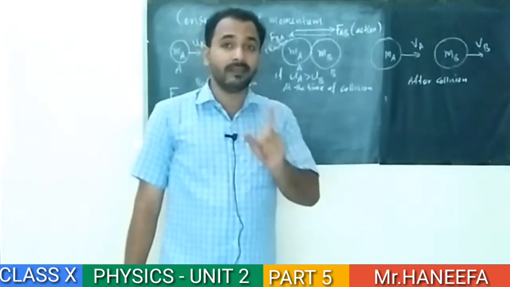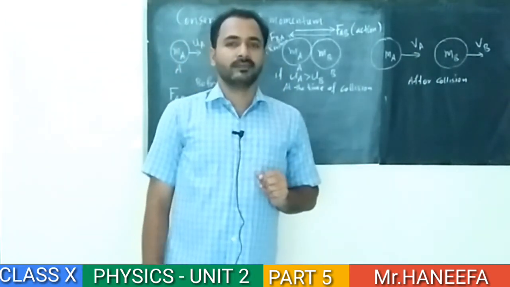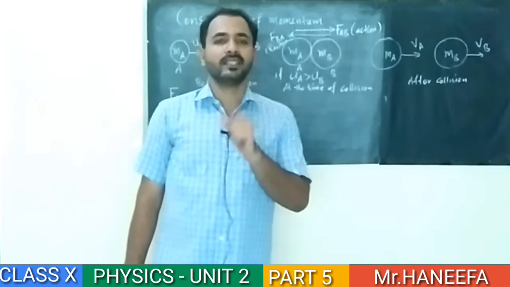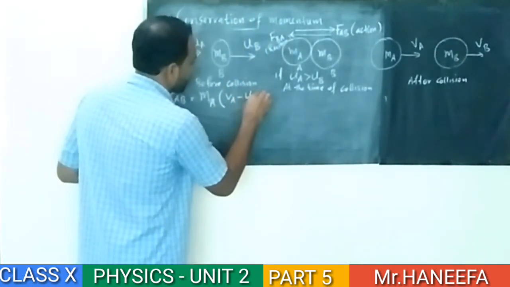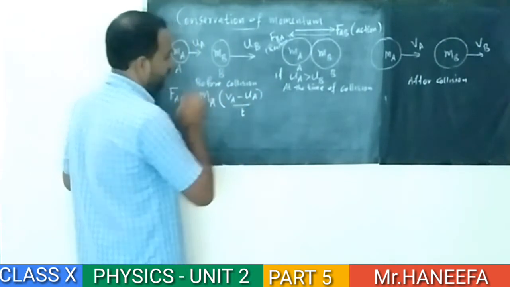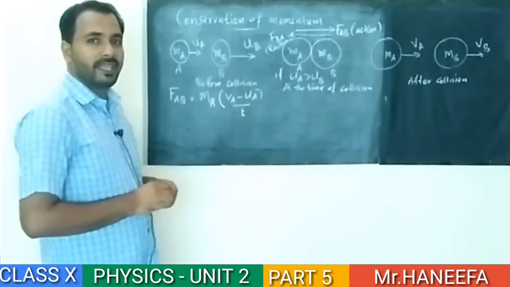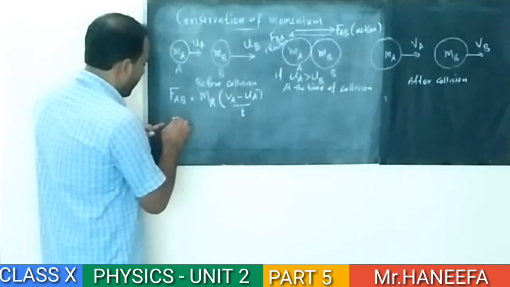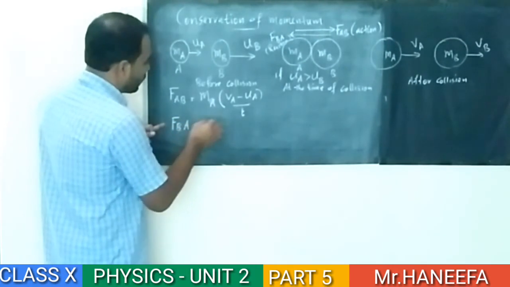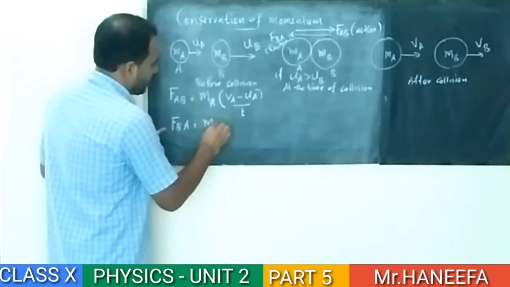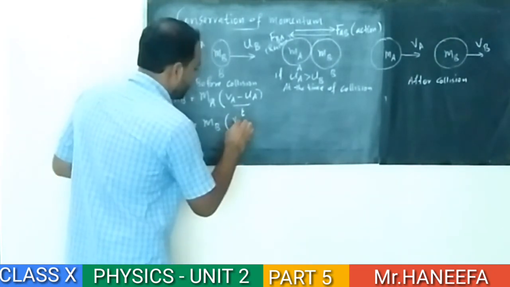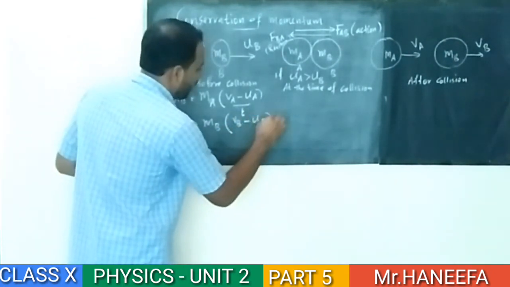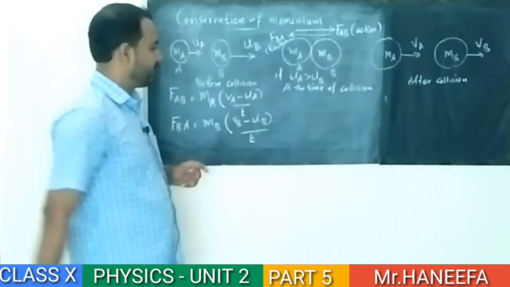Acceleration means v minus u by t. So FAB equals ma into (va minus ua) by t. Next, FBA equal to mass into acceleration, here mb into (vb minus ub) divided by t.